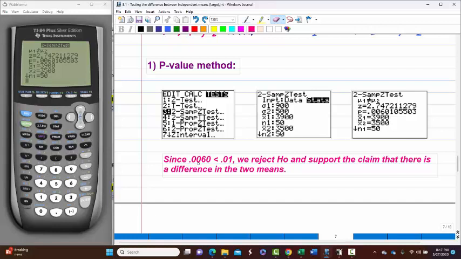I showed you a trick in a previous section where, if you move the decimals over, like in this case, you could move them just 3, which gives you 6 and 10. So basically it's multiplying both of them by 1,000, and then you would easily see that 6 is less than 10. So we reject the H0, and we support the claim that there is a difference in the two means.